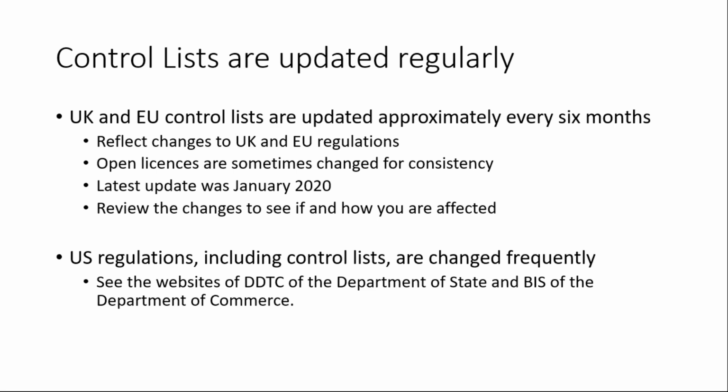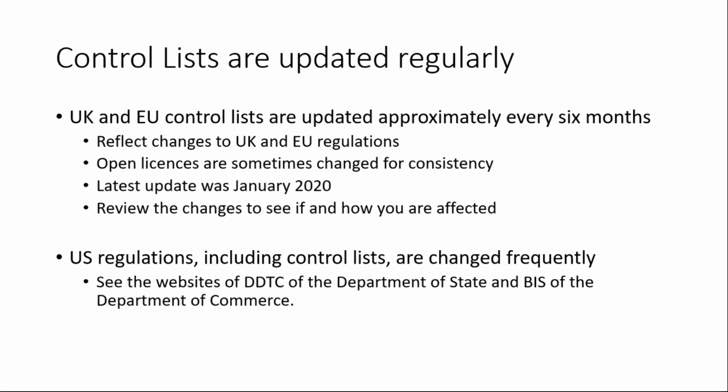One of the things I wanted to highlight is that the control lists are updated regularly. Unfortunately for us export control professionals, export control is not static. There are always changes happening, and one of the things that export control professionals need to do is to keep track of the changes.